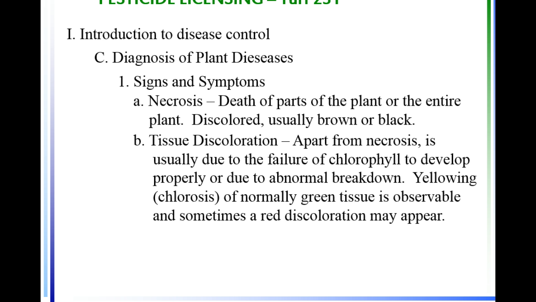Another symptom would be tissue discoloration. Apart from the death of the plant, you can actually have no chlorophyll being developed. A normal plant leaf might be green, and this one will be yellow because it's just not producing any chlorophyll. And sometimes you can actually get a red discoloration with that.